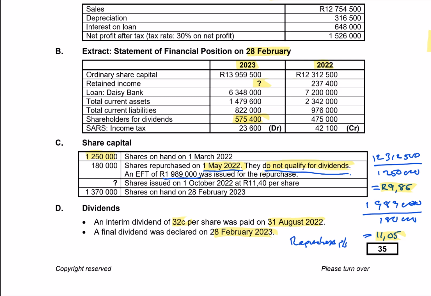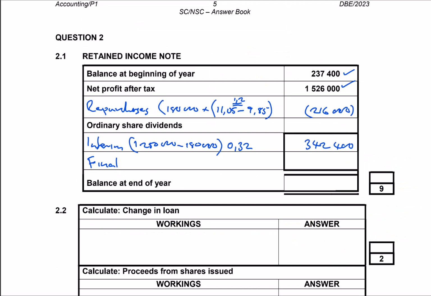So that's the dividend that will be owing. So it's 575,400. The total, that's 917,800. Hope my calculation is correct.